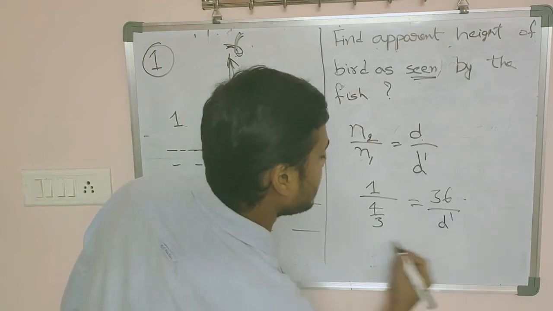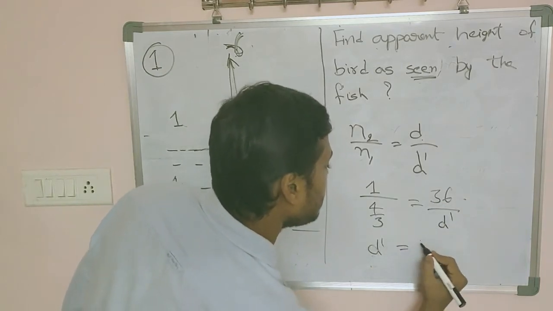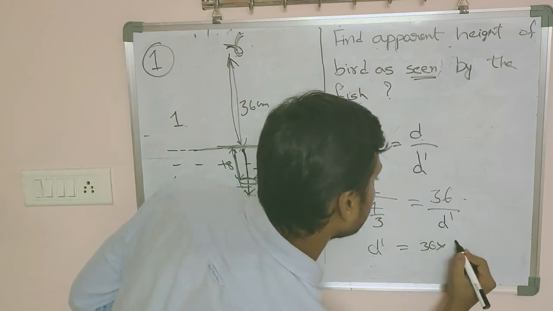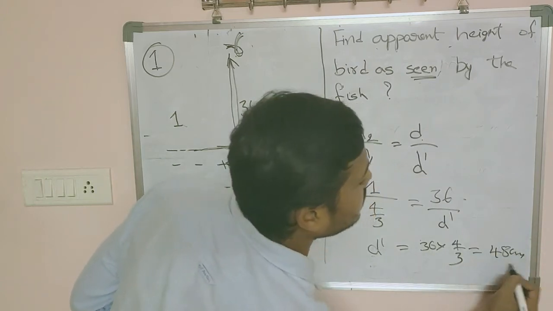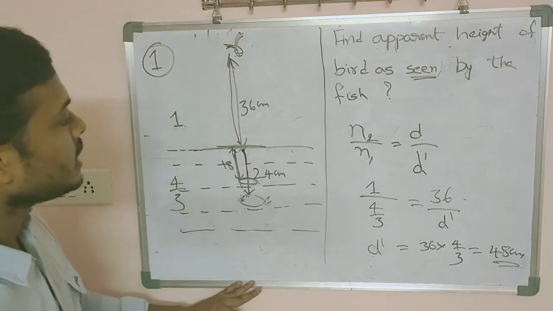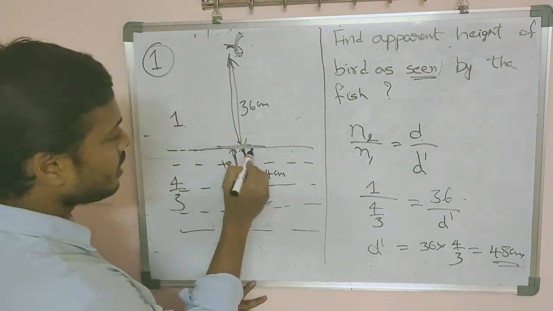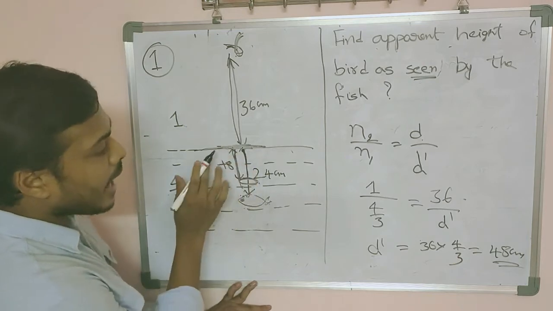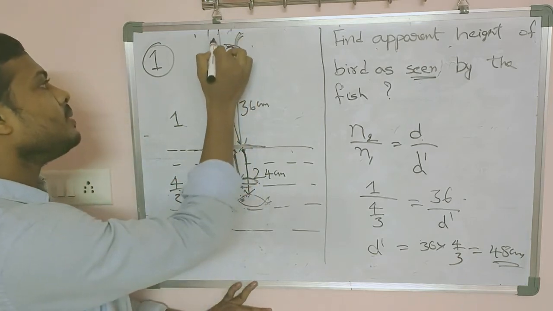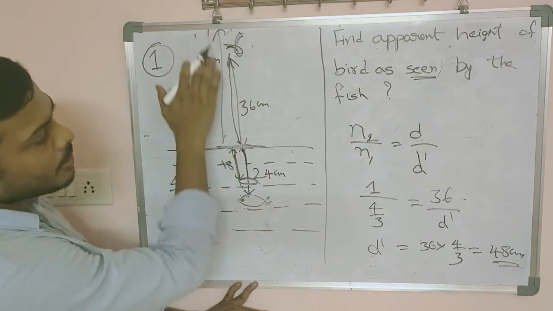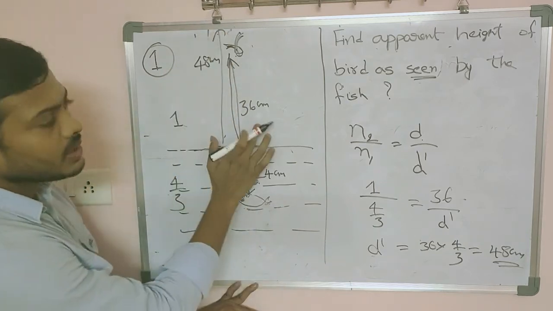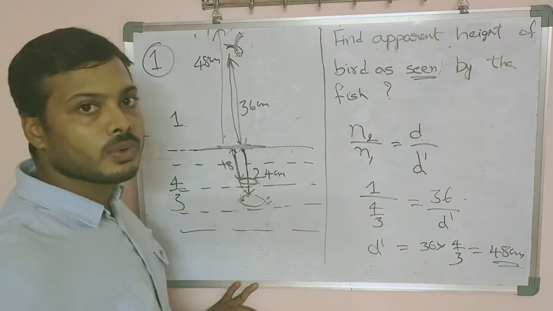And D dash. Now D dash is equal to 36 into 4 by 3, that is equal to 48 centimeters. You can observe this as 48 centimeters. So from here, the apparent height is 48 centimeters. See, the apparent depth or apparent height is larger than the real depth. That's what I have told you earlier.